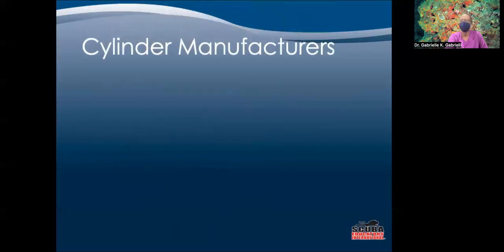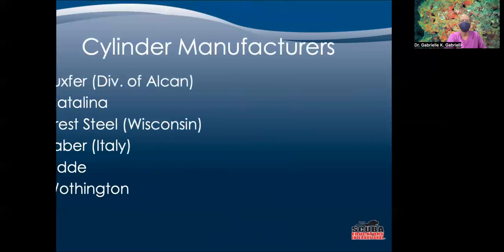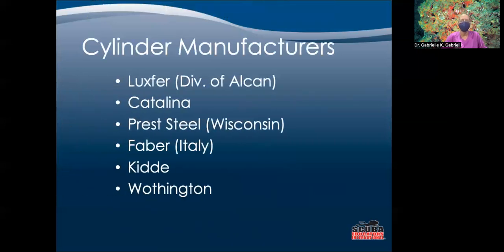I'm sure you have. You could probably give us some better pictures. Cylinder manufacturers include Luxfer, Catalina, Pressed Steel, Faber, which is what I have, Kidde and Waddington. I'm pretty sure Kidde are typically the ones with almost a bell shape to the neck. There are a few missing. Yeah, of course. What are you seeing now more than anything?